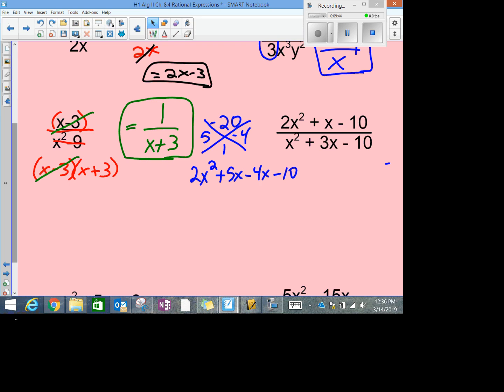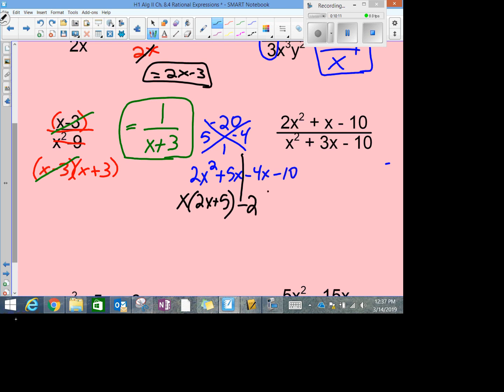And then we split down the middle, right? Well, can we take out something from 2x squared plus 5x? We have x, and we get 2x plus 5. Remember on this one, if this is a negative, we bring down that sign, so we take out a negative. Now what can we take out between 4 and 10? A 2, right?